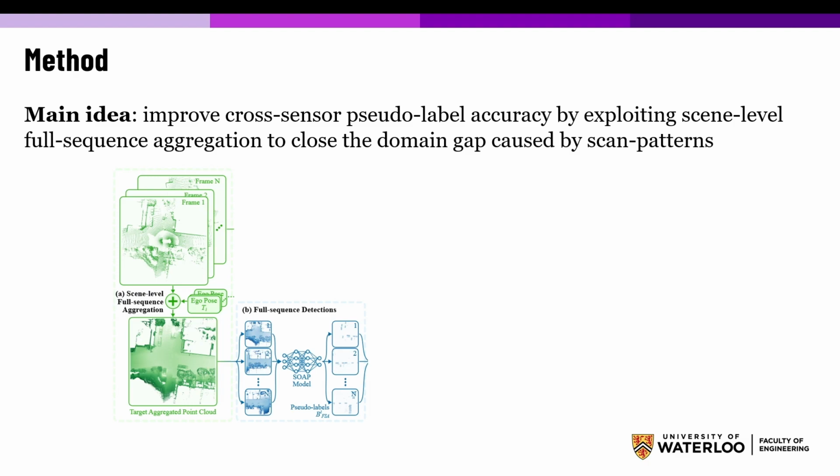In the next step, we want to use this full sequence aggregated point cloud to train a detector to detect those stationary objects, using a technique we call quasi-stationary training. This is to solve the problem with what we call quasi-stationary objects.